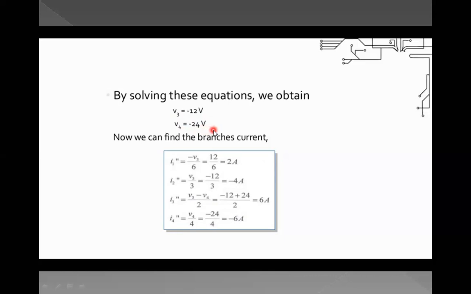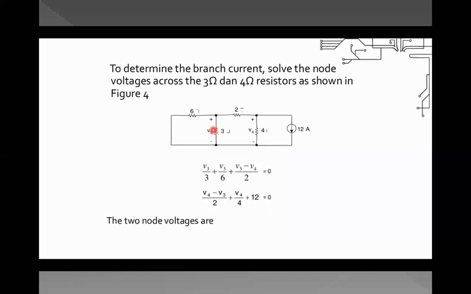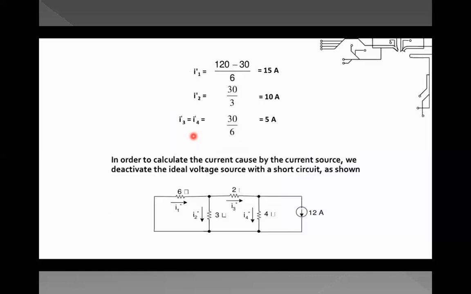Now it's quite simple to find out the value of I1 double dash from this diagram. I1 double dash, I2 double dash, I3 double dash, and I4 double dash as we have found out here.